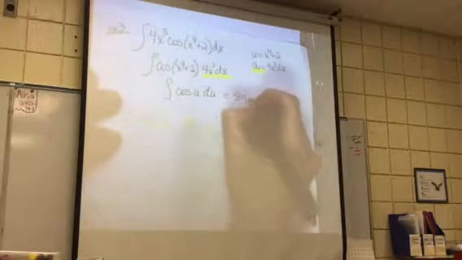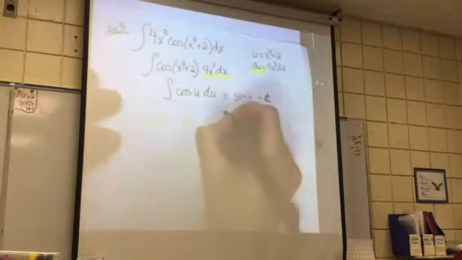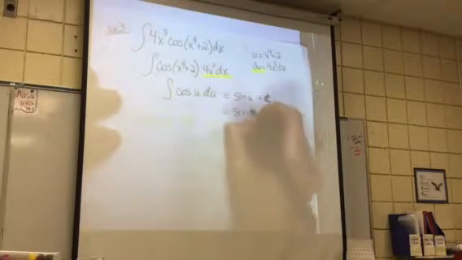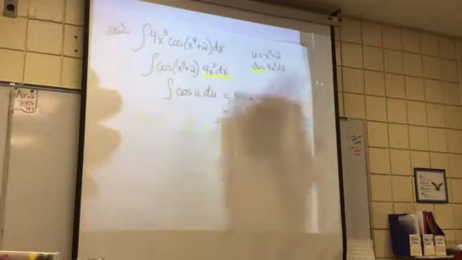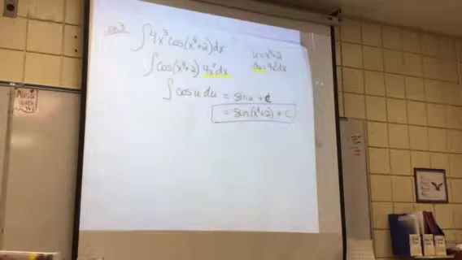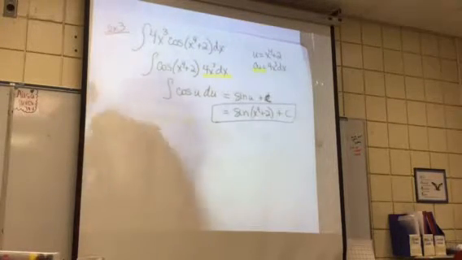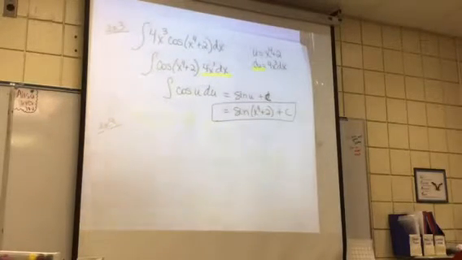So sine of u plus c, and that would just turn into sine of x to the 4th plus 2 plus c. That made it a little bit easier to see. And hopefully you can see where this is helping us tackle that issue of the chain rule for derivatives.